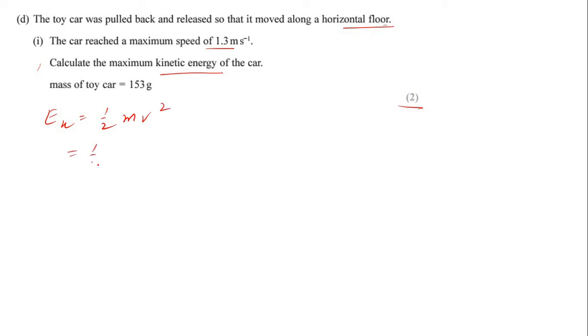That means half, mass is 0.153 times v squared, 1.3 squared. So kinetic energy will be 0.129 joule or 0.13 joule. This is the kinetic energy of the car.